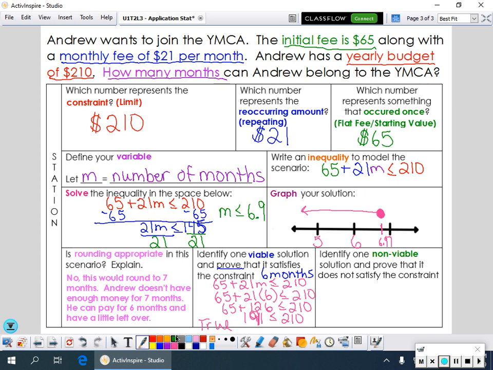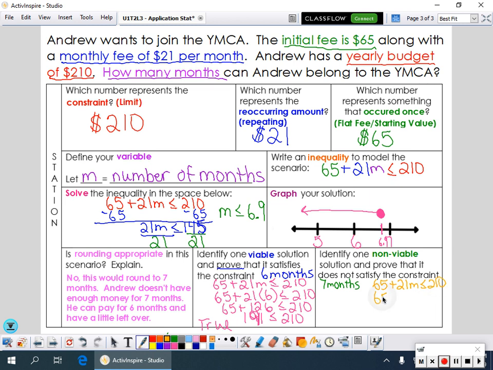Now, for my non-viable solution, I'm going to pick a solution that didn't work. And I'm going to pick 7 months just to prove to you that 7 months wouldn't work. We can't round. So I've got my inequality, 65 plus $21 every month, and I want that to be less than 210.